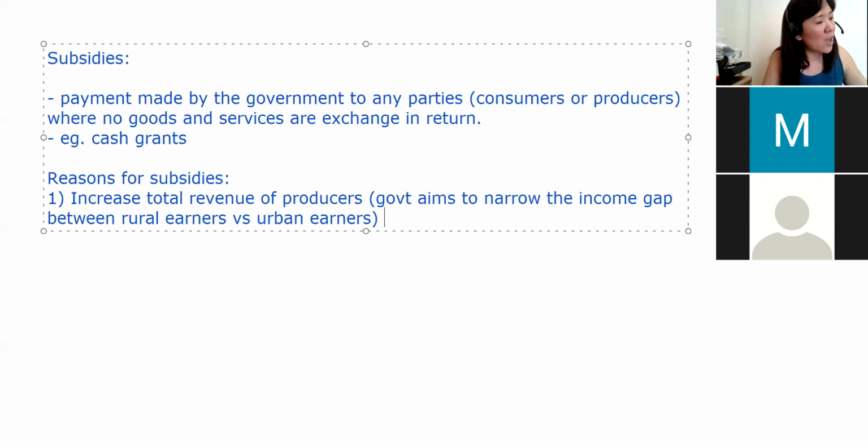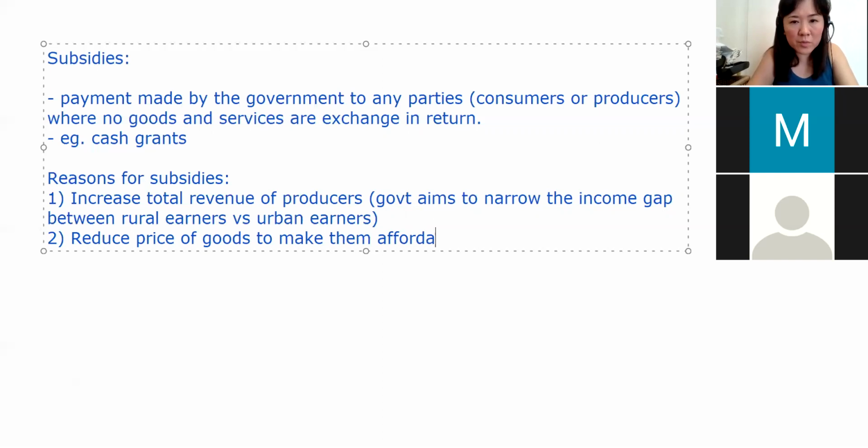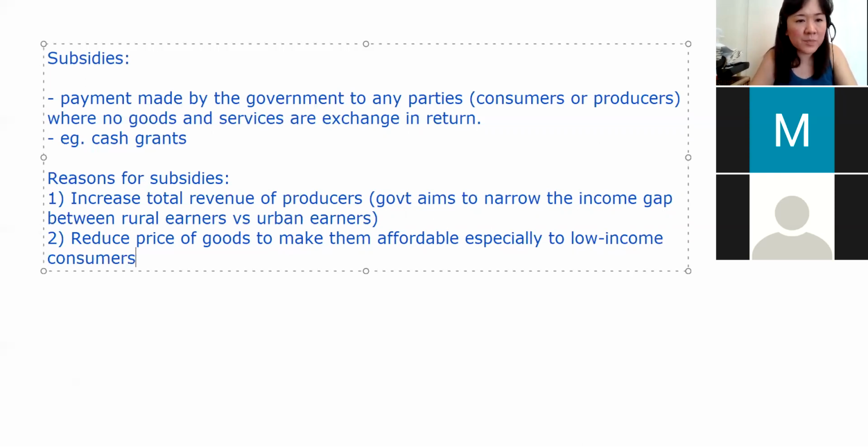Some other reasons: because later we'll see subsidies have the effect of reducing the price of the good, one reason would be to make goods affordable, especially to low income consumers, in the case of necessities.